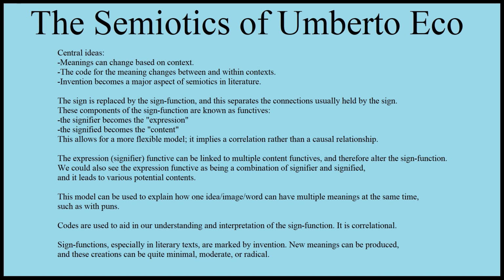They're still very similar. So, for instance, if you are going to write an essay in which you are comparing the two together, or in which you're just talking about this one, you need to compare Eco to Saussure. You can't not do that comparison. It does not work if you don't do that comparison, because that comparison is very important. It is built upon Saussure's theories, so it has to.